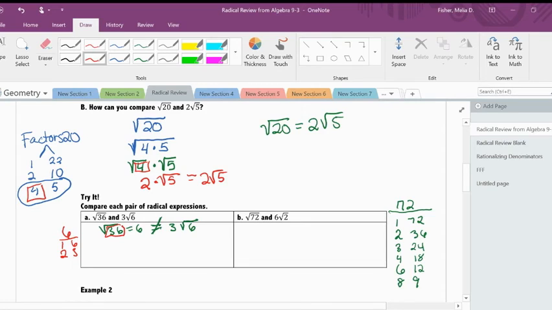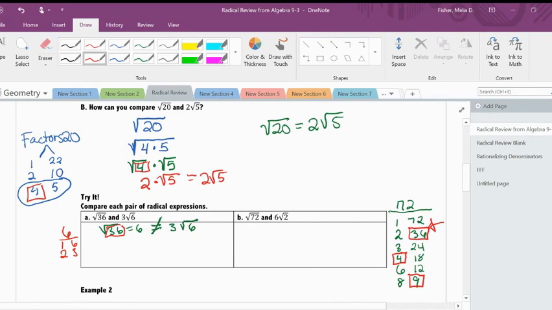On the right-hand side, we're going to look at 72, and I went ahead and listed the factors of 72 over to the side. As I look at this list, I'm going to find all of the perfect squares. I know that 4 is a perfect square, 9 is a perfect square, and 36 is a perfect square. What I want to do is choose the largest of the perfect squares, which is this one right here.